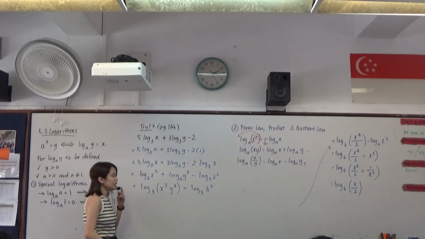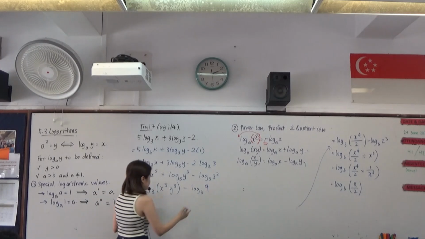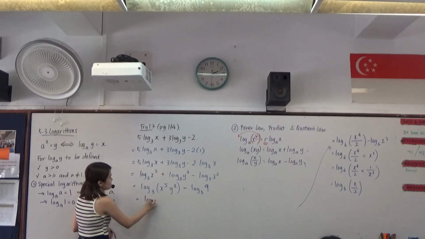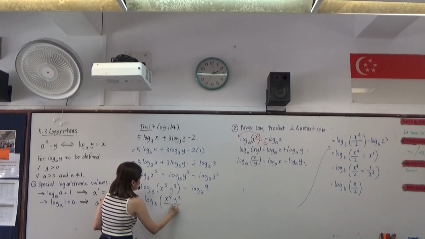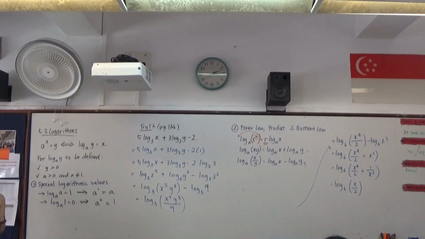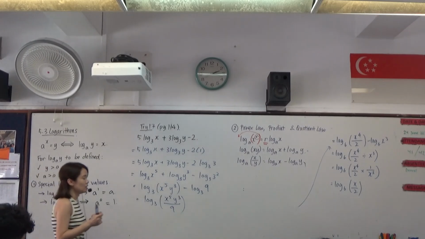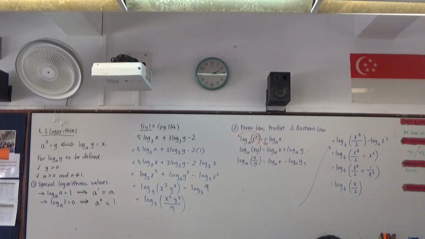Then subtraction of 2 logarithms, 3 squared by the way is 9, will give us division. So this is how we express it into a single logarithm for this question. Questions?